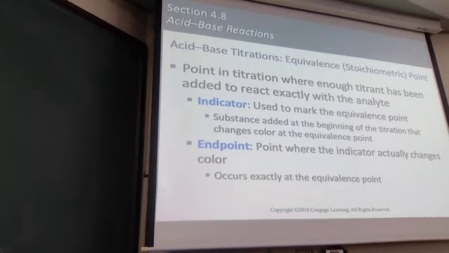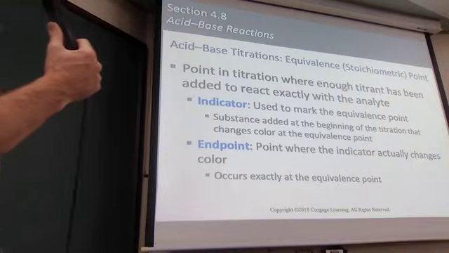The only thing that we need to find out is the point where the mole numbers exactly match each other, so that we have a quantitative reaction and no excess of hydroxide or proton. In order to measure this neutral point, we use an indicator.